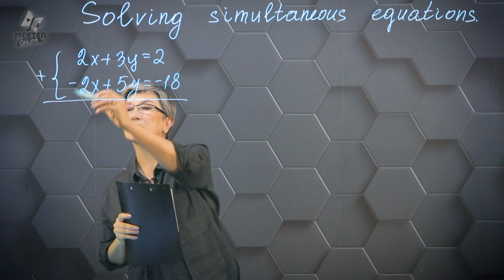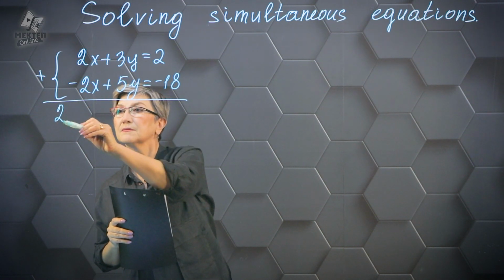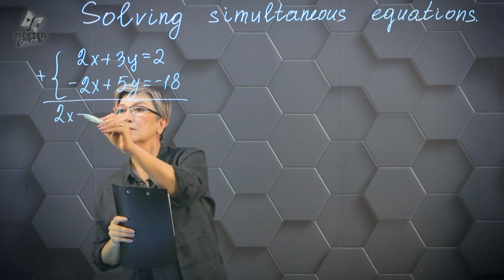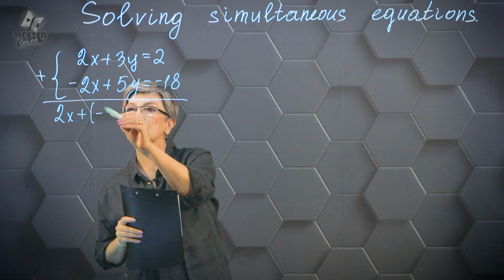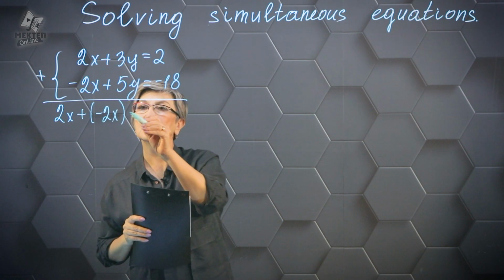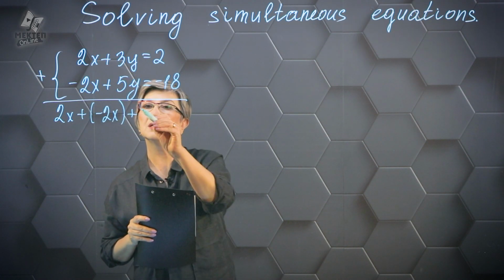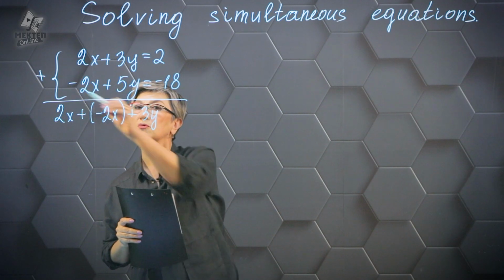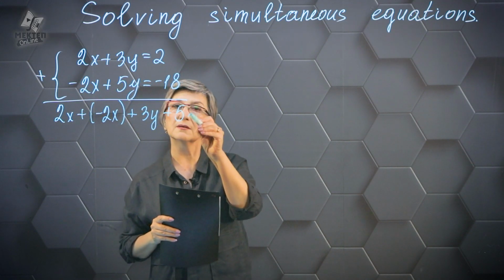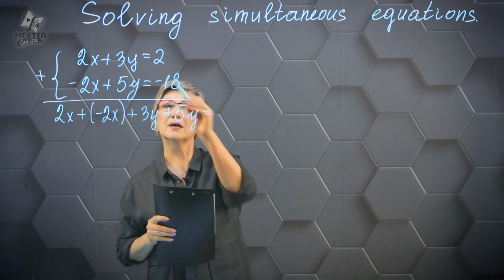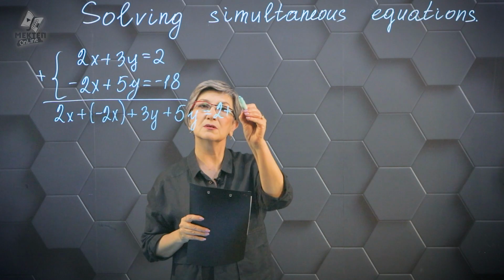The result is 2x plus minus 2x, plus 3y, plus 5y, equals 2 plus minus 18.